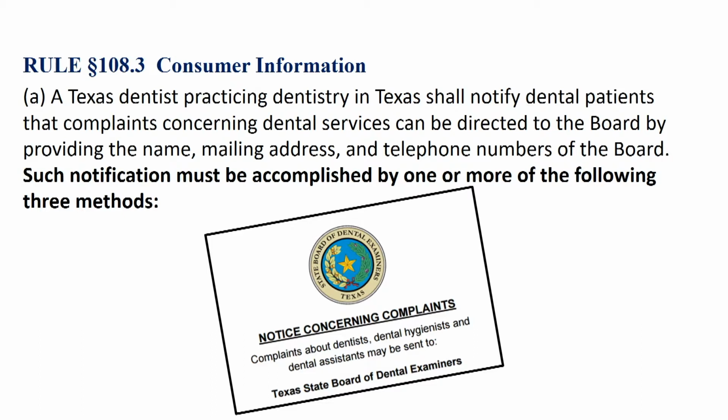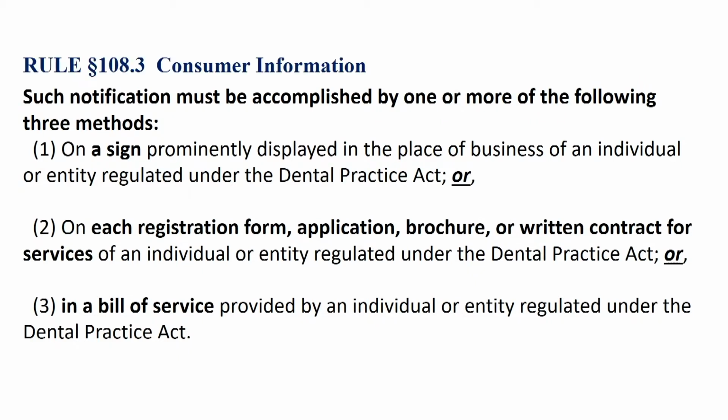Such notification must be accomplished by one or more of the following three methods. Number one, on a sign prominently displayed in the place of business of an individual or entity regulated under the Dental Practice Act.